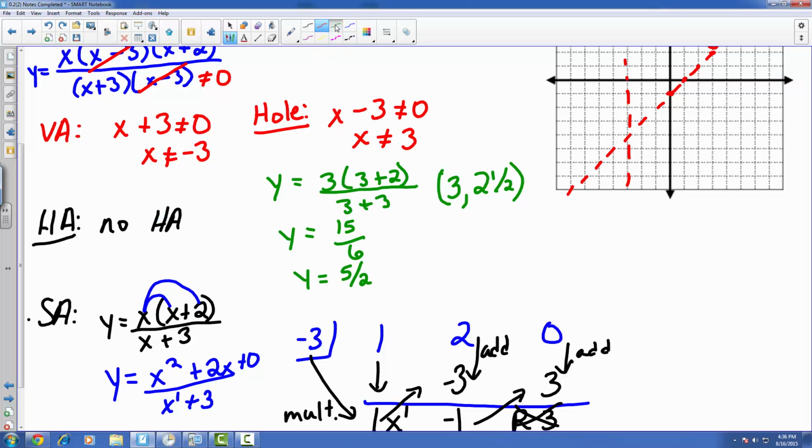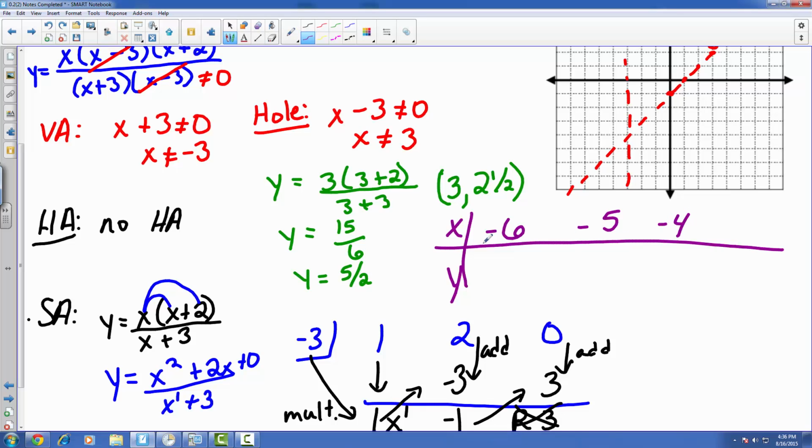So if we have an x and y, make this in purple, if we went ahead and plugged in, for example, -6, -5, and -4. For negative 6, we would end up with the value negative 8. For negative 5, we ended up with negative 7 1/2. And negative 4, we would get negative 8.